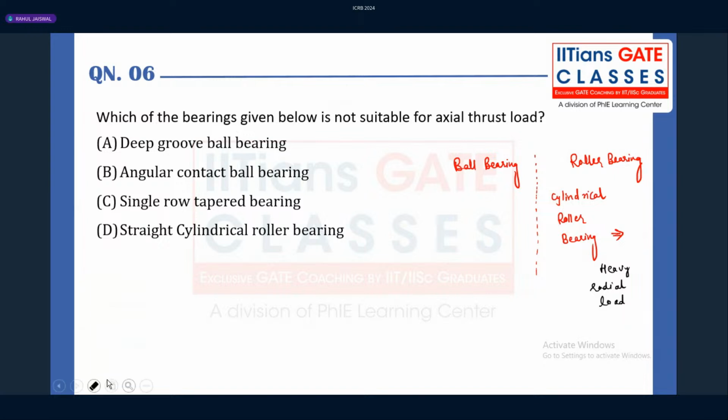That means this particular bearing will not be able to support any kind of axial thrust load. So which would be the correct answer, guys? D should be correct, because based on the design, whatever load passes through a cylindrical roller bearing is totally radial. But axial thrust load it cannot support.